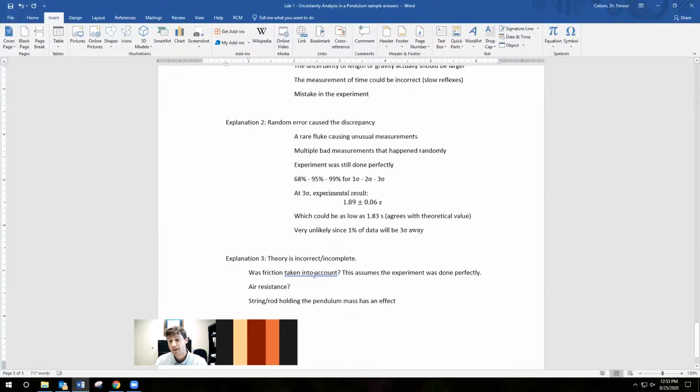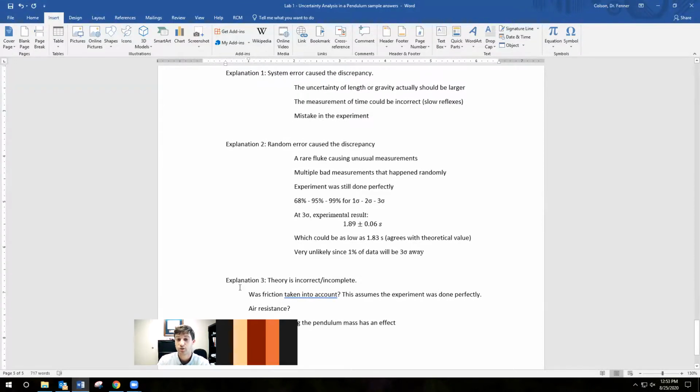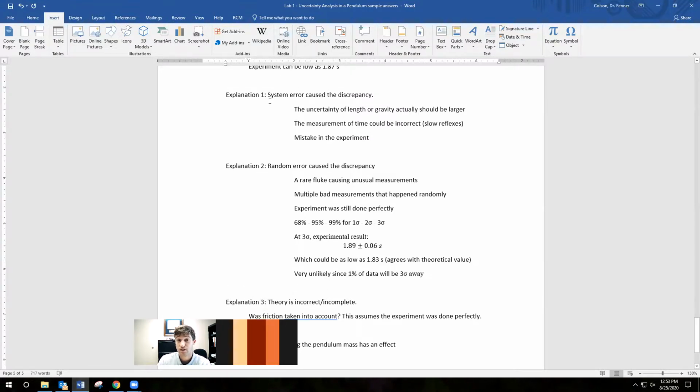So depending on your data analysis, depending on how precise you actually were in your physical experiment, you would choose one of these explanations. Did you think you did the experiment really precisely, and so it wouldn't be explanation 1, or perhaps explanation 2?